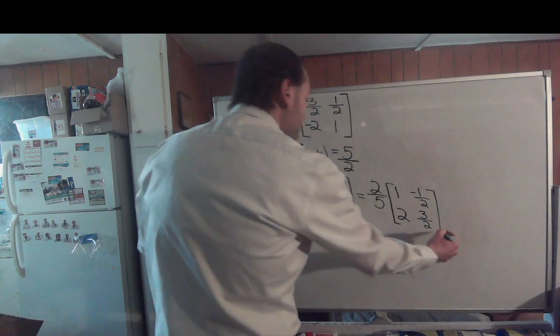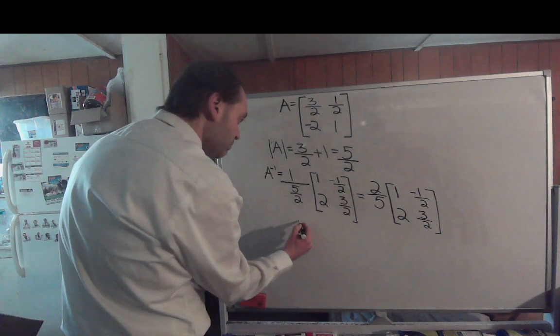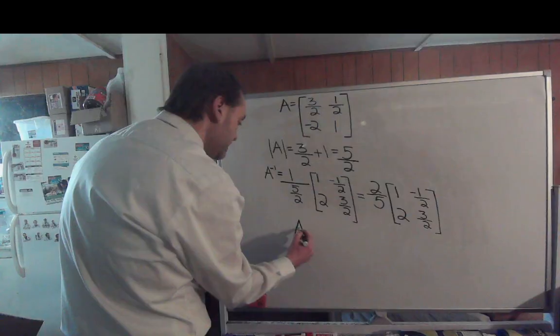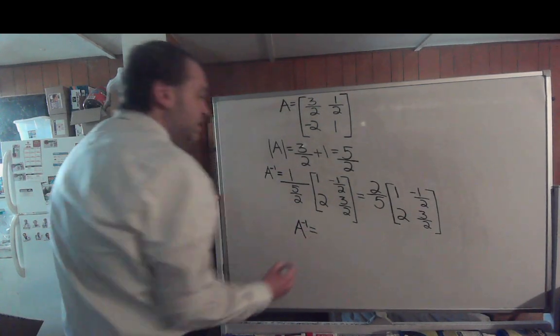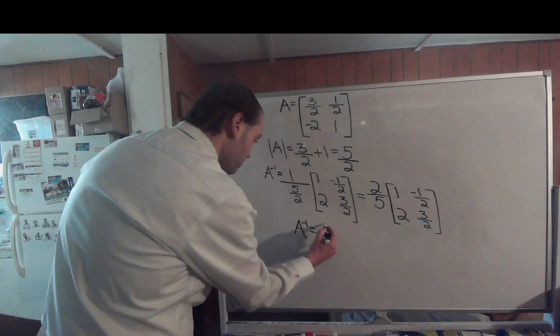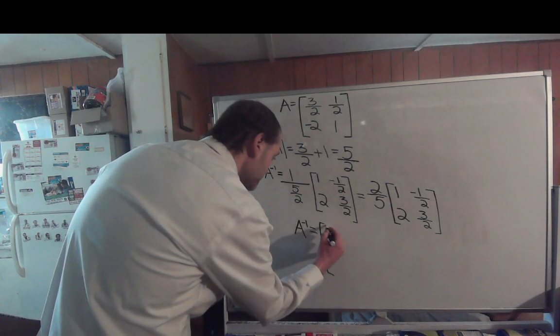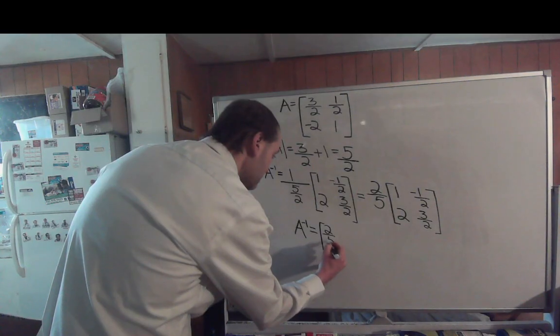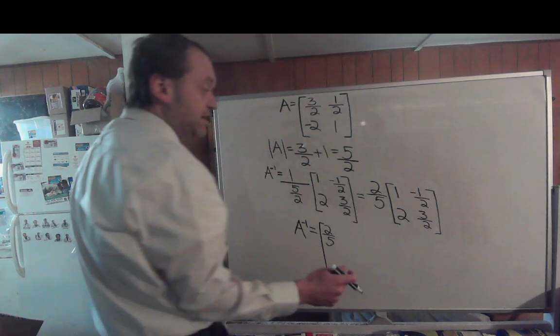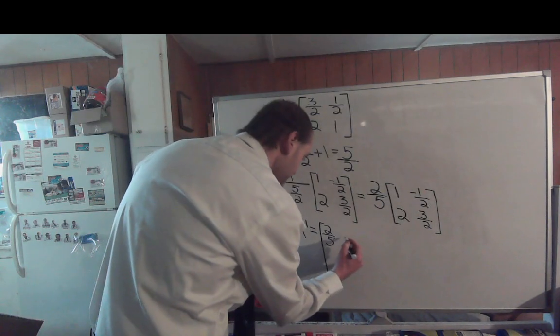Now we do our scalar multiplication, we'll get what A inverse is truly equal to. So 2/5 times 1, of course, that's going to give you 2/5. 2/5 times -1/2 would actually give you -1/5.